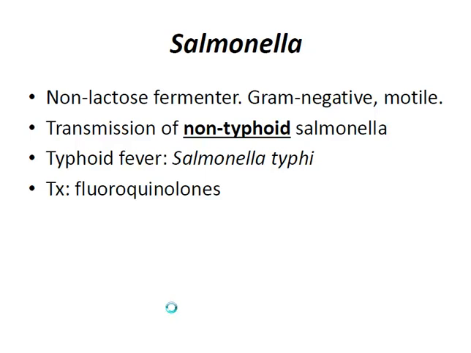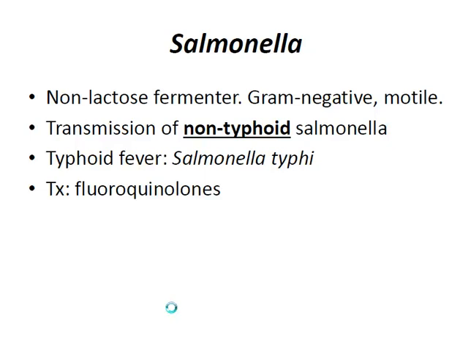Salmonella. Salmonella is a non-lactose fermenter, same as, you name me 3 others. Proteus, Shigella, and Yersinia. Very good. Now the infectious dose is in the 100 to 1,000 cell range.